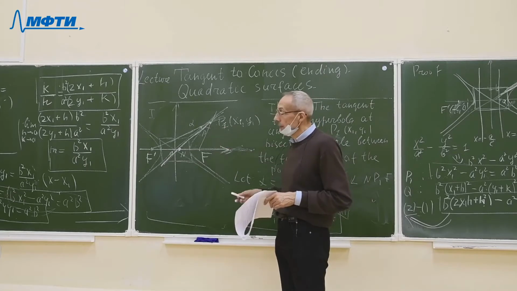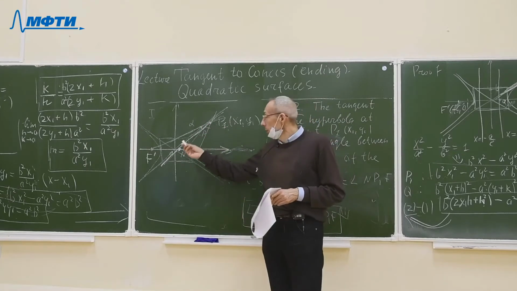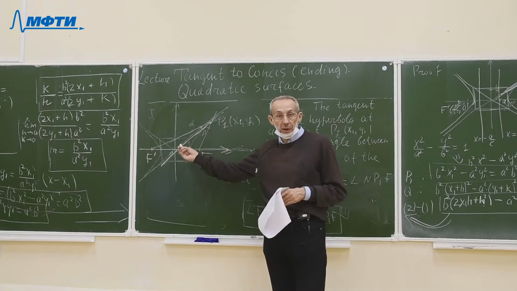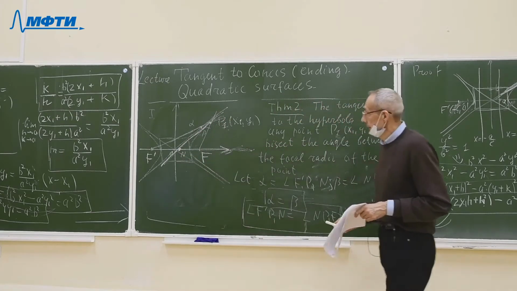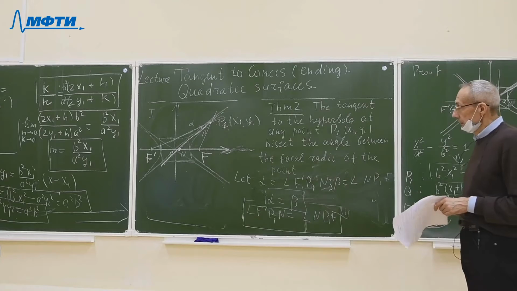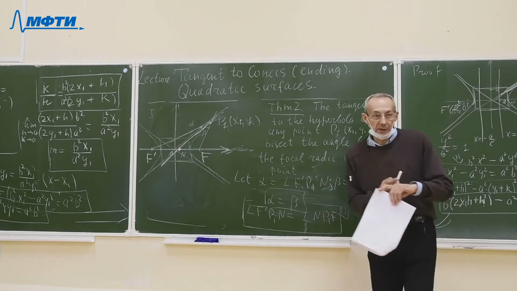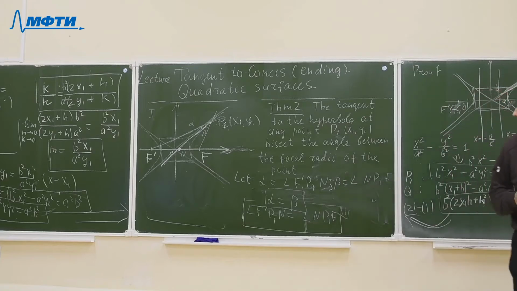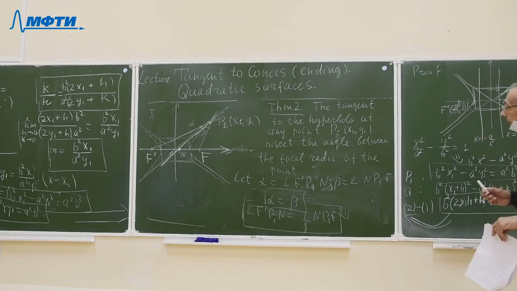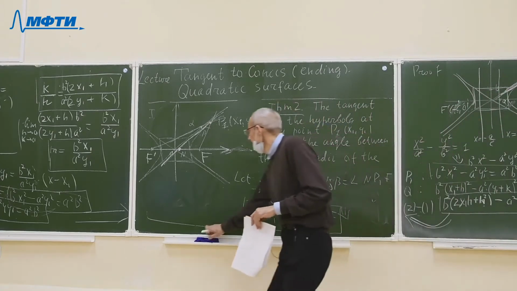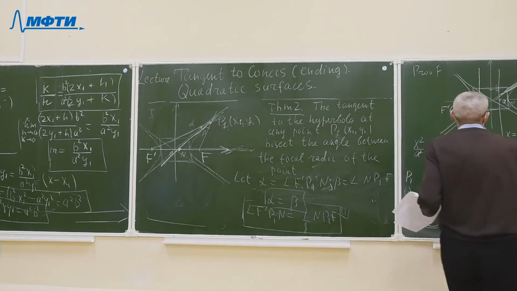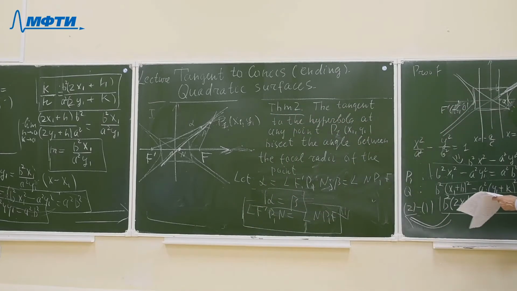But in the case of hyperbola, the same property has the tangent, which bisects the same angle. We have two orthogonal cases for ellipse and hyperbola. I recall the picture for the ellipse.